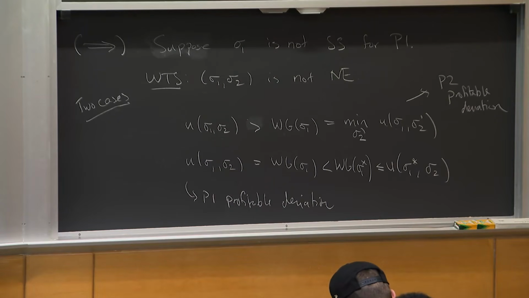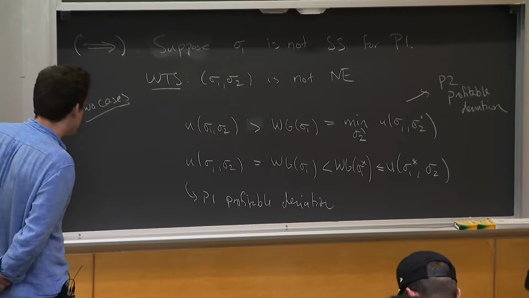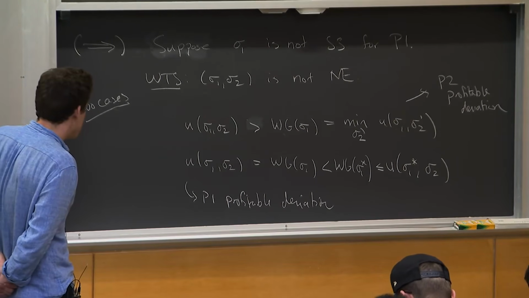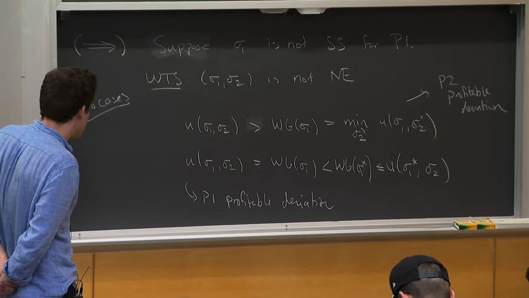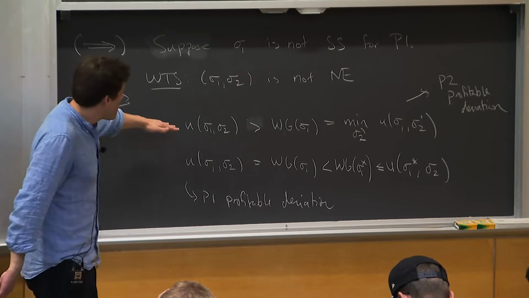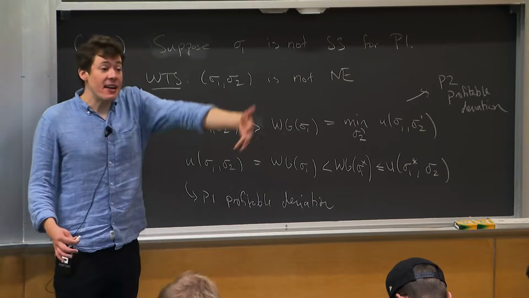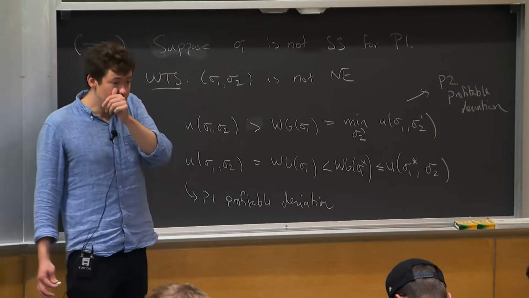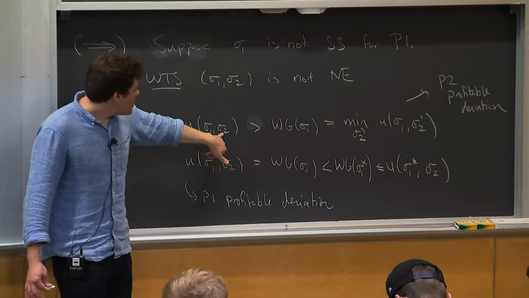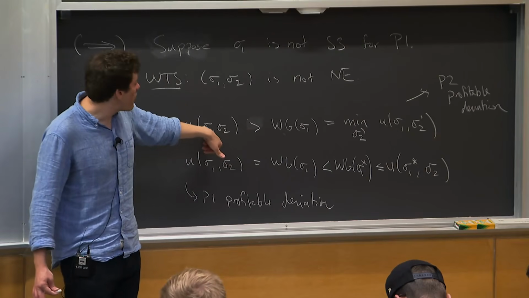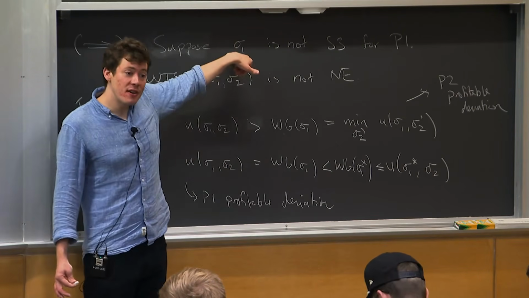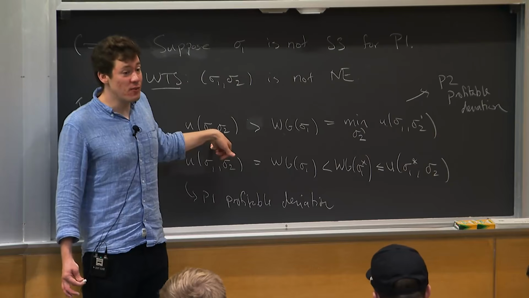Yeah? Just to clarify, are you essentially saying that then player 2 will switch to the case where you're in the first case, player 2 will switch to whatever strategy that you're in the second case, and then you have the thing? No, it's not the case that we're going to immediately get an equilibrium if player 2 deviates. What's tricky is that here it could be that because player 1 is not playing a security strategy, player 1 might be doing something really weird here.